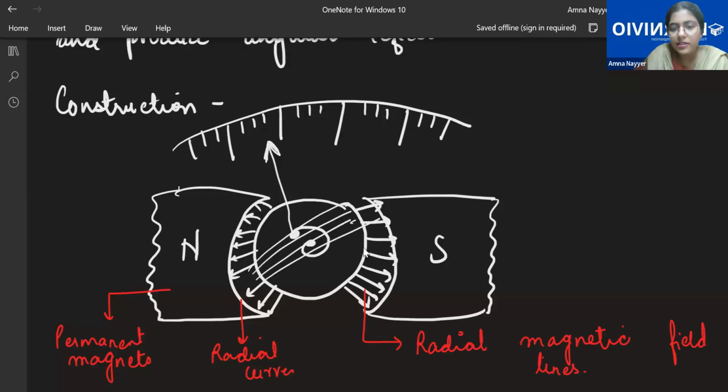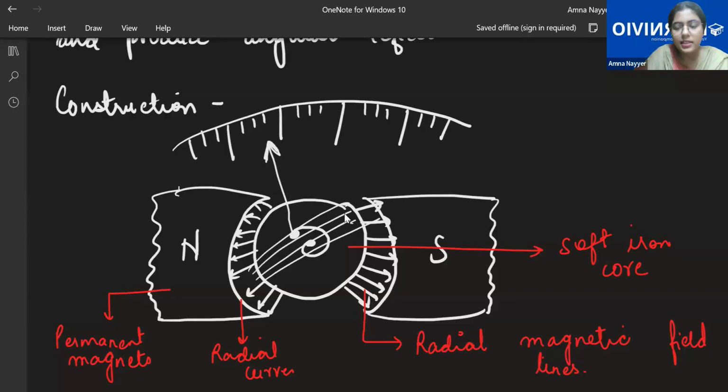Now here you have a soft iron core present. A core is taken and wires are wrapped onto it, like this. So on the soft iron core, you have copper wire wrapping.